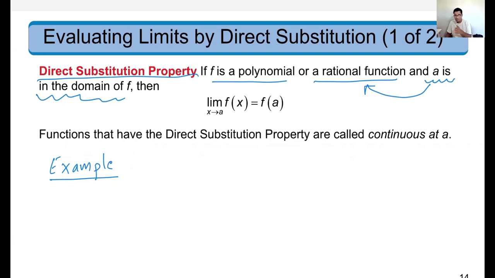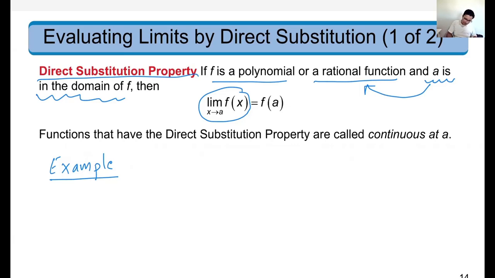The values where the denominator is 0 are not in the domain of the rational function. So if it is in the domain, that means the denominator is not 0. If the denominator is not 0, you can simply substitute a for x and evaluate the function, and that is your limit.